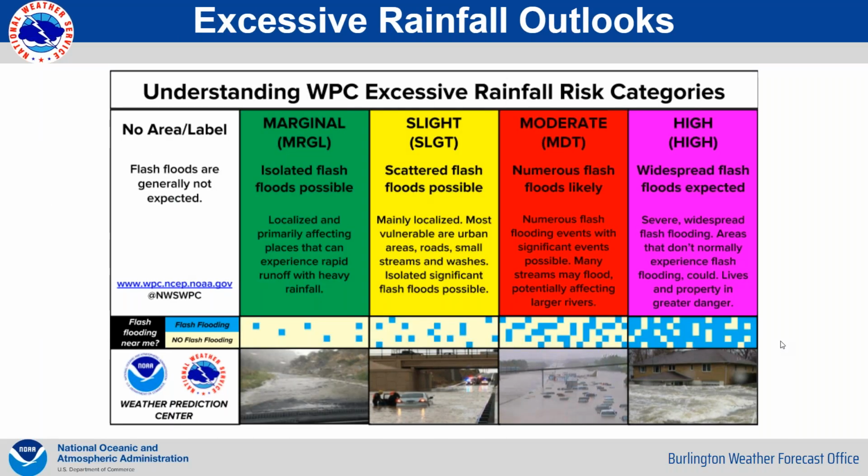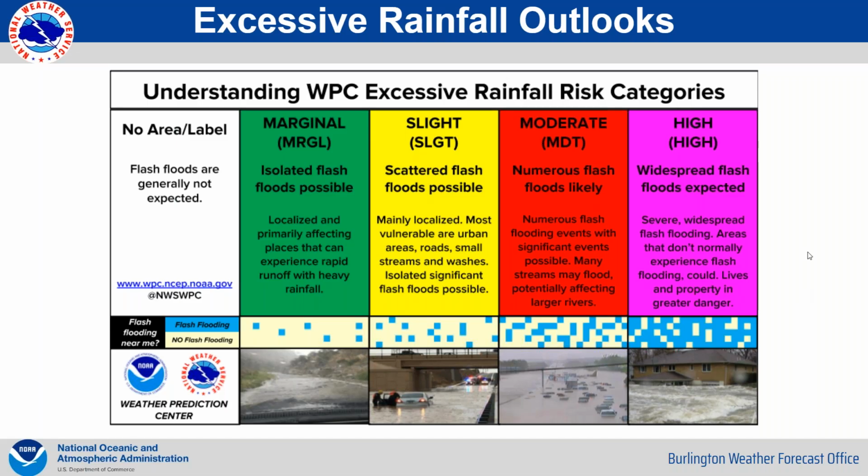The Weather Prediction Center focuses on the same thing with excessive rainfall, to try and outline whether flash flooding could be long-lived or isolated to localized towns or communities, or that same road that floods every time, or could the flood risks be moderate to high, where they cover a large region where flash flooding may occur, where flash flooding doesn't typically happen.